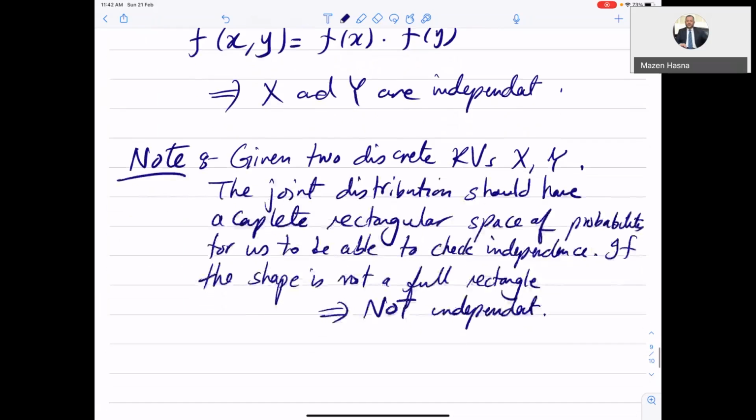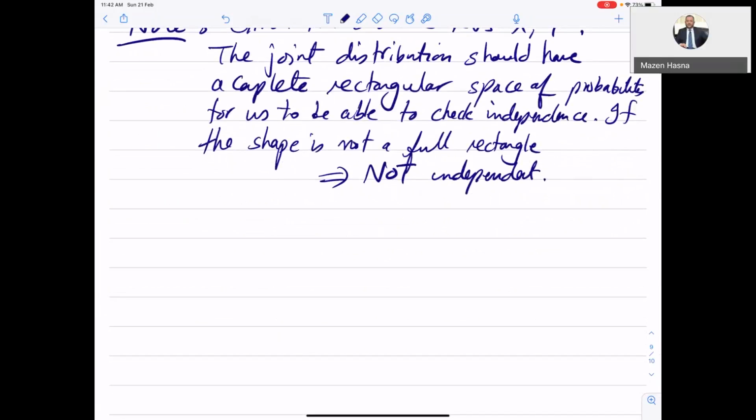What does this mean? If I give you something like this, like we did above, this is x, this is y, and I told you I have some probabilities that look like this. A complete square or a complete rectangle? No, we are missing some.